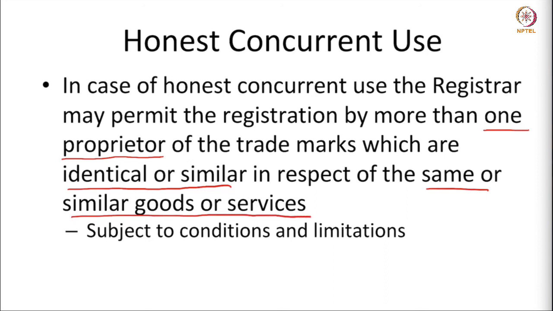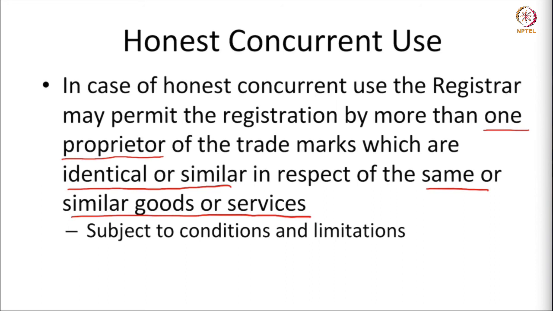So there could be cases where two parties have been using the mark at the same time or around the same time, and one party approaches the registrar for a trademark. The registrar would grant the trademark to that person, but the registrar will not stop the other person who has been using it if he is an honest concurrent user.